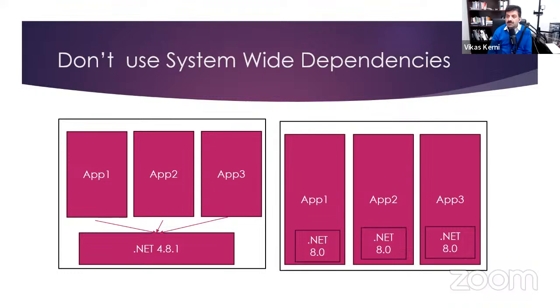In Docker, you deploy your app with dependencies. It's lightweight. You don't have to deploy the operating system in your container. A lot of these principles you see when you are using Docker, you're taking care of so many things here.